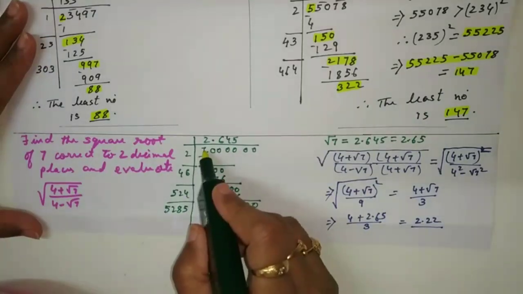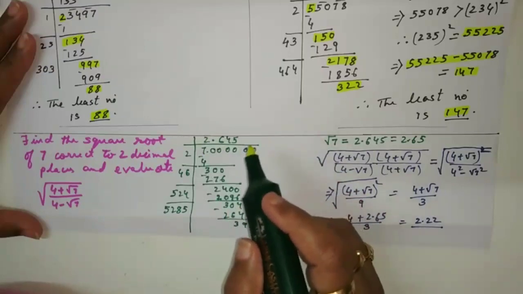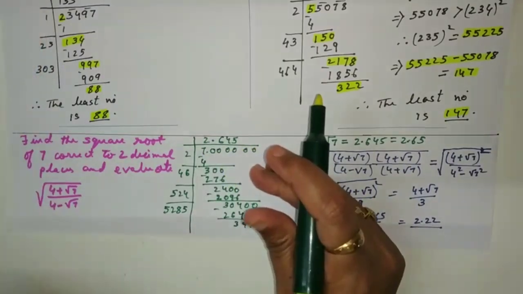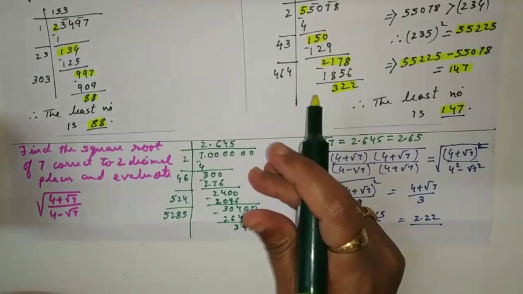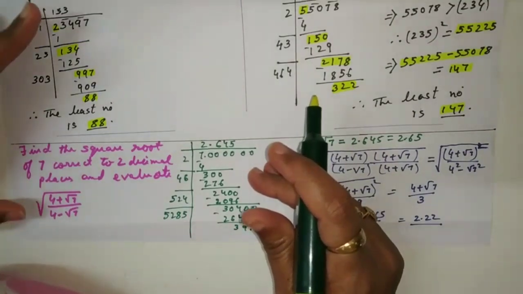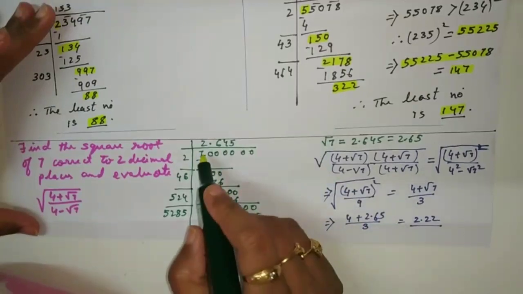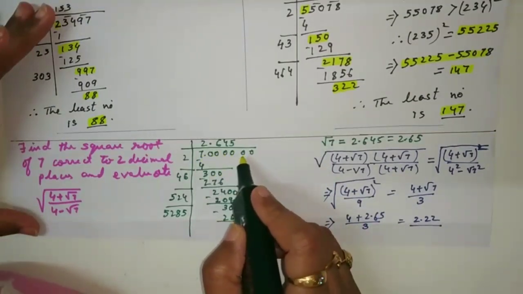So for 7, like I showed you the square root of 5, same way the square root of 7 with a decimal and 3 pairs of zeros.